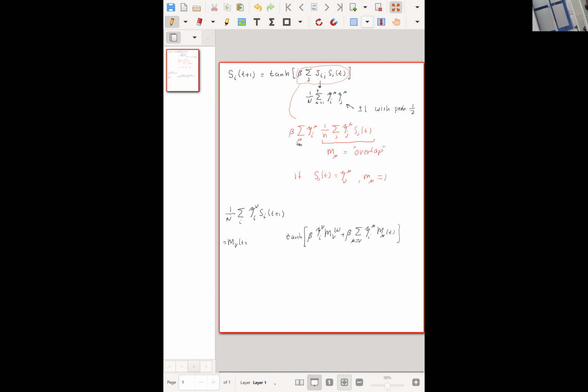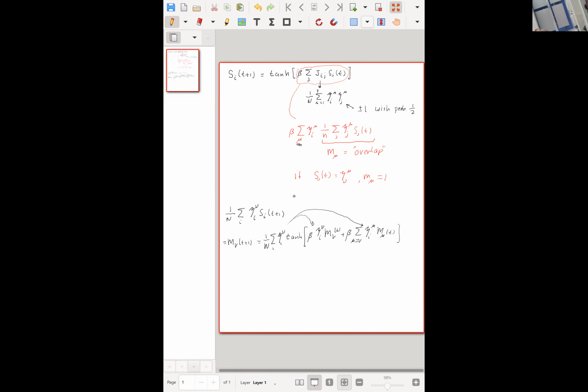And then it's, of course, equal to 1 over n, the sum on i of eta_i^nu. Because eta_i^nu is plus or minus 1, we can bring it inside the tanh. We bring it inside to there and to there, and eta_i^nu squared is equal to 1.